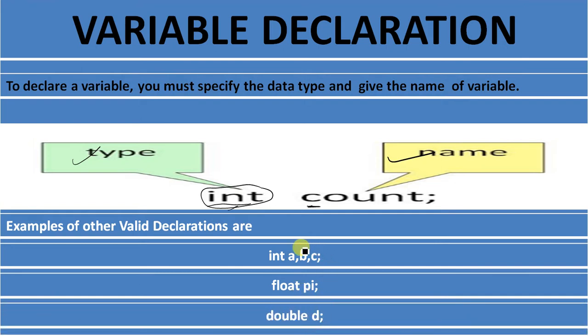So these all are variable names: a, b, c, pi and d. And int, float and double are the types. So a, b, c are int type, pi is a float type and d is a double type variable.